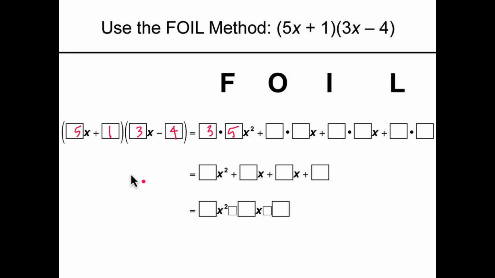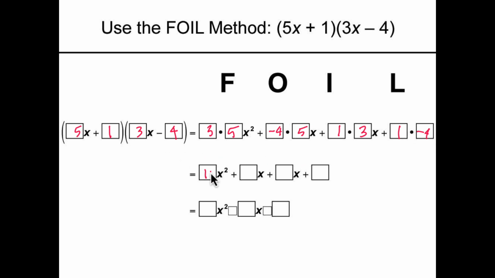The product of the outside terms is 5x times negative 4, so we get negative 4 times 5x. The product of the inside terms is 1 times 3x, and the product of the last terms is 1 times negative 4.